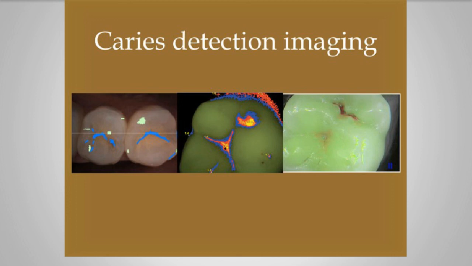The only one, though, that gets to quantify it is the one in the middle. That is the Spectra, which actually puts this weather radar with numbers over the top of it. It does an analysis of the fluorescence. And with that, you get to have a better understanding, and you can actually quantify with a number what's going on with the caries. So that's quite a bit different than the other imaging devices.